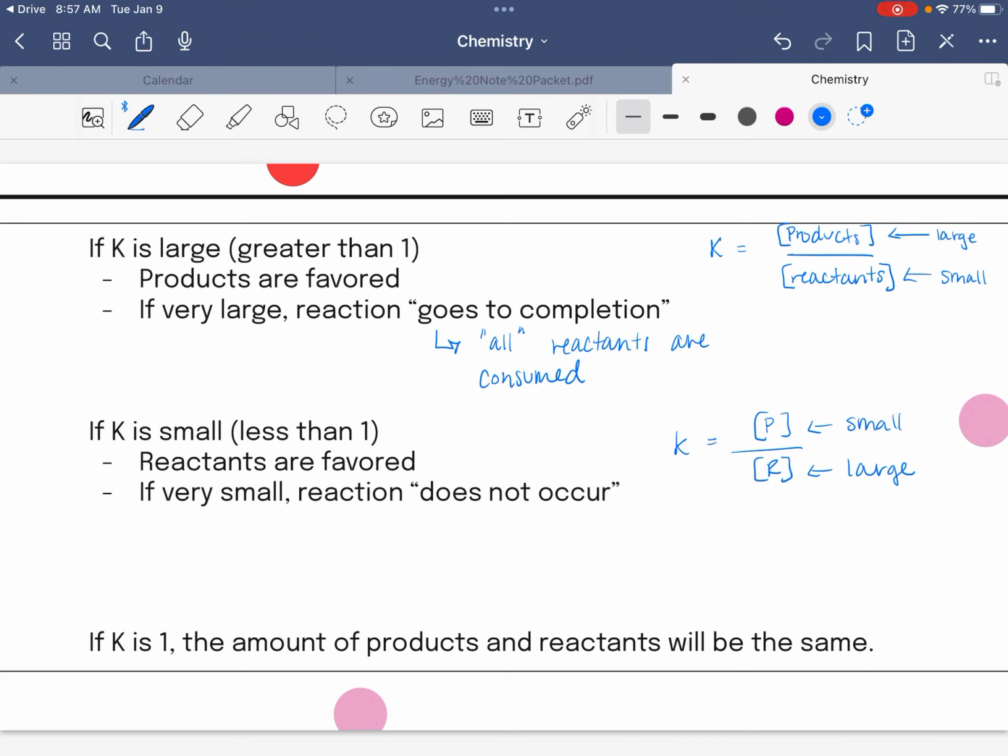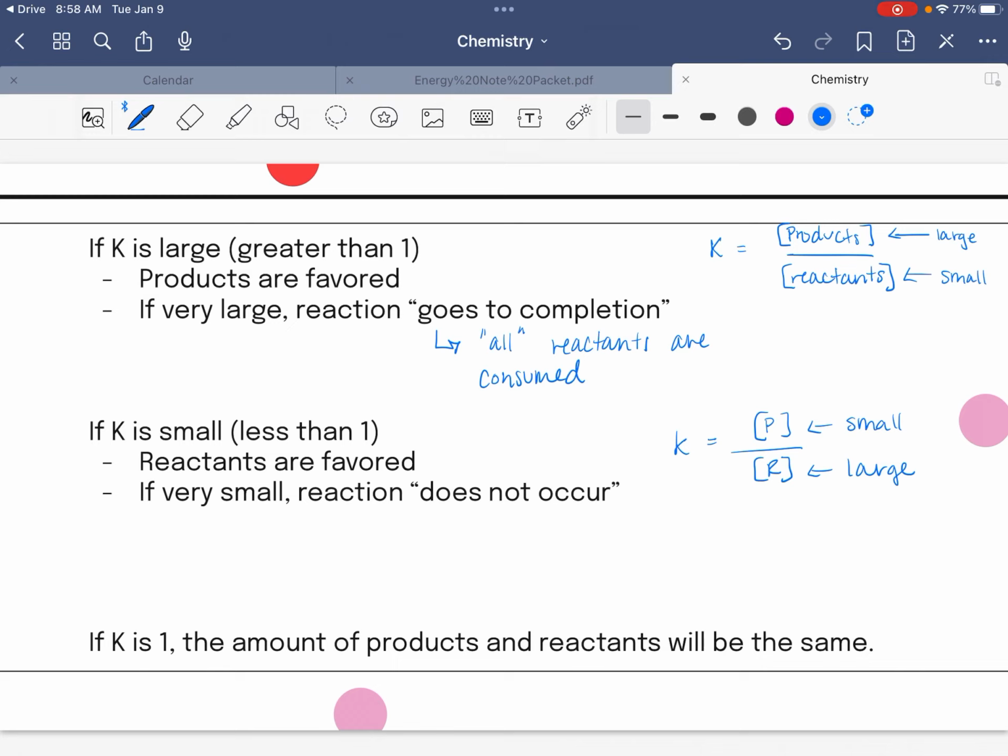So we're going to have more reactants at equilibrium than we do products. If the number is extremely small, like times 10 to the negative 34th, we say that the reaction does not occur. So such a small amount of product is produced that it appears that no reaction actually occurs.